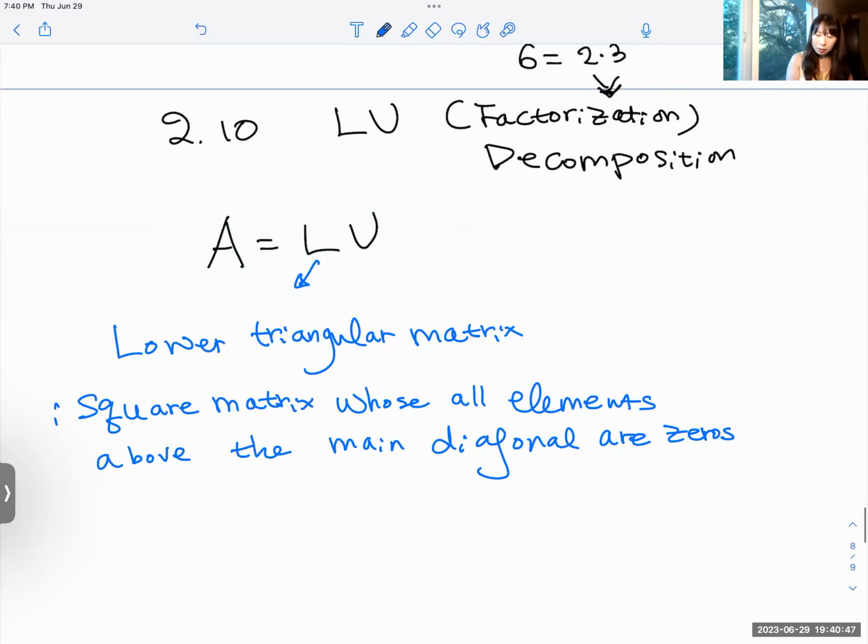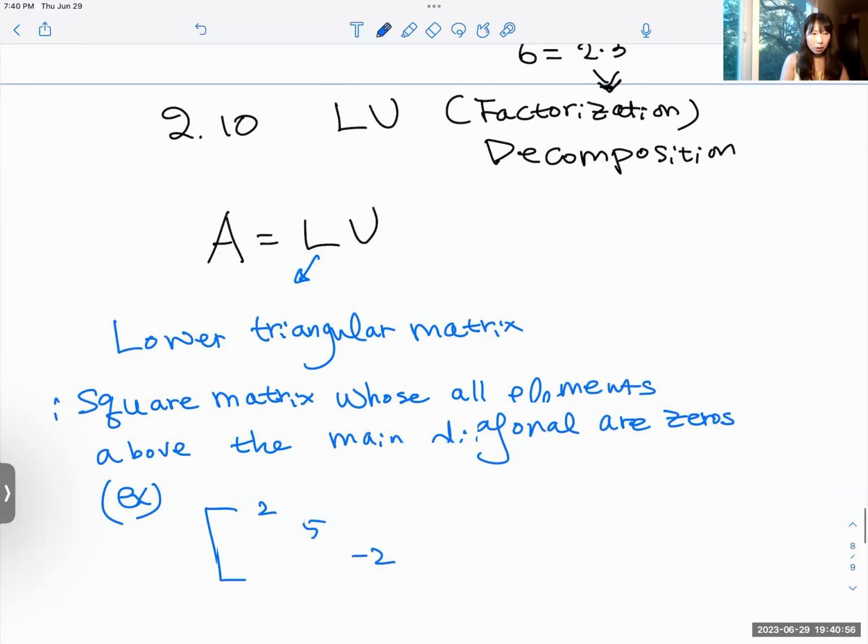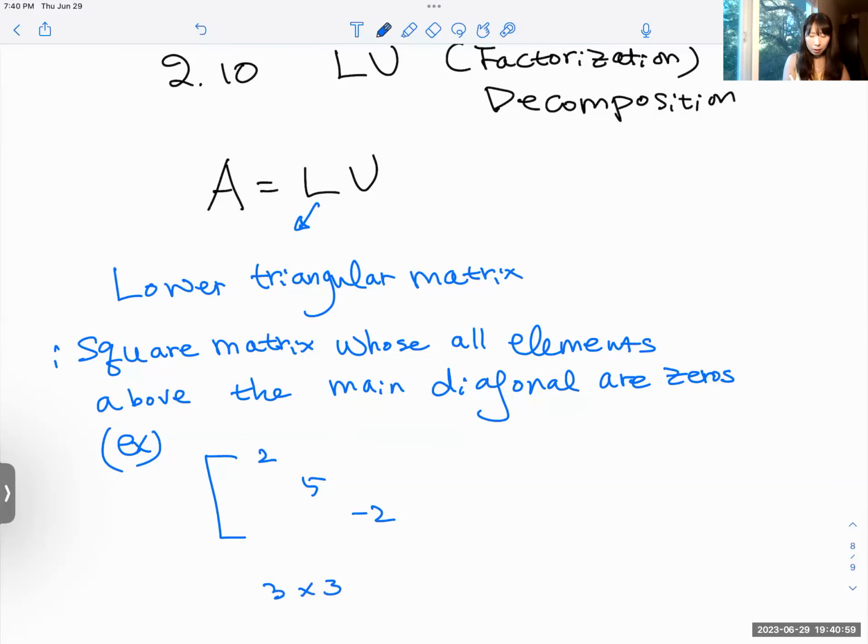For example, a 3 by 3 matrix with rows 2, 5, -2 and 1, -1, -1, and so on. We have a diagonal here, and above it all the entries are 0, so we can fill in 3 zeros there.